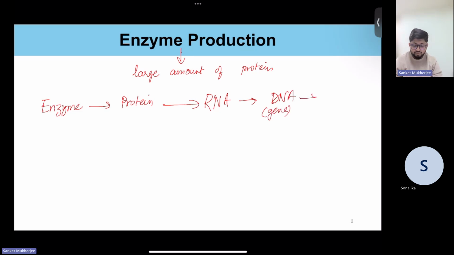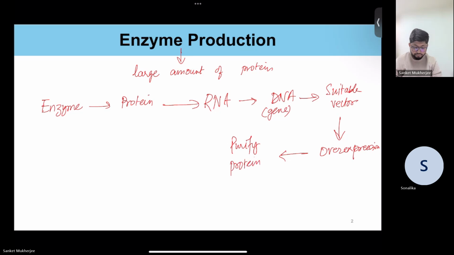From that DNA, we will extract that DNA, put it in a suitable vector, and then we will go for overexpression. Then we will purify this protein, and we'll get the pure enzyme.